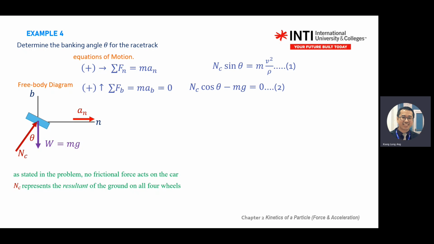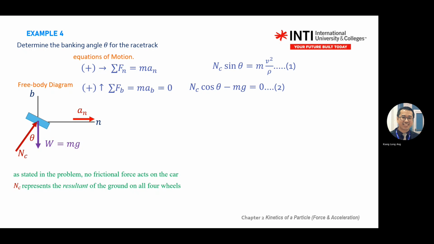Okay, N cos theta minus W equals 0. Why 0? Why is your ab 0? The left hand side deals with forces, Nico. What does the right hand side deal with?